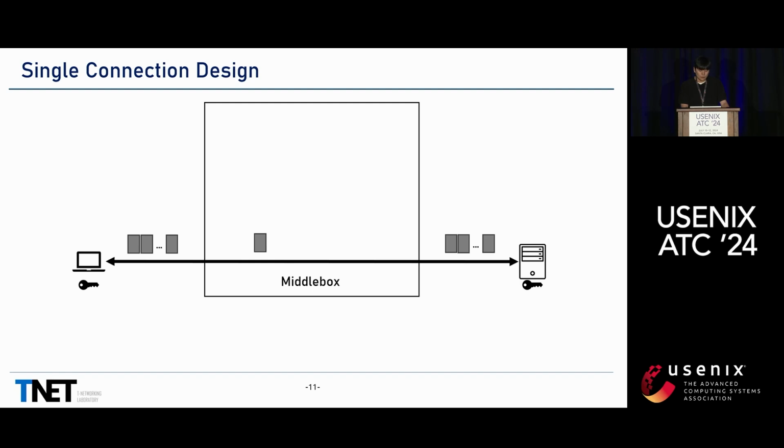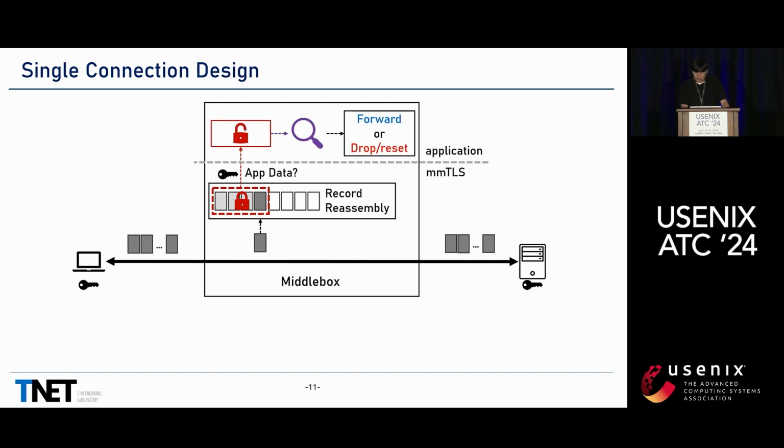Let's focus on what the middlebox does. In the middle of the end-to-end TLS session, it passively monitors the TCP states of endpoints and reassembles the TCP packets into TLS records. If a new record is ready to be read and has application data, the middlebox application can decrypt and monitor the record.